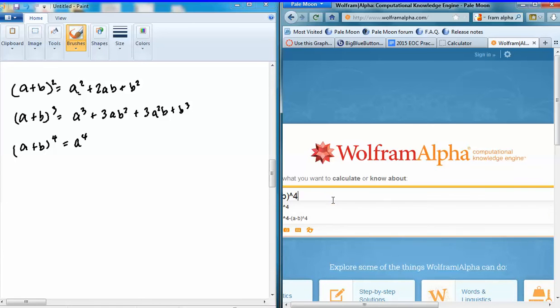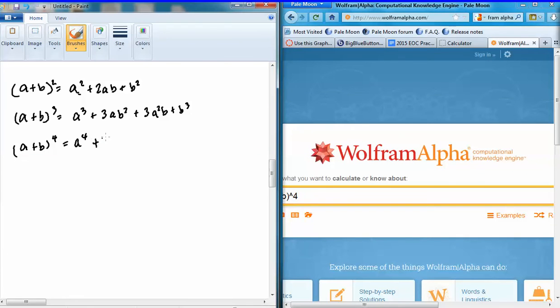Before I get the answer, I'm just going to tell you what I think it is. It's a to the 4th plus 4a cubed b plus 6a squared b squared plus 4ab cubed plus b to the 4th power.